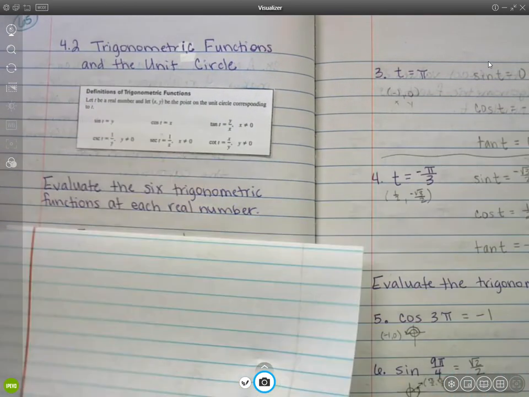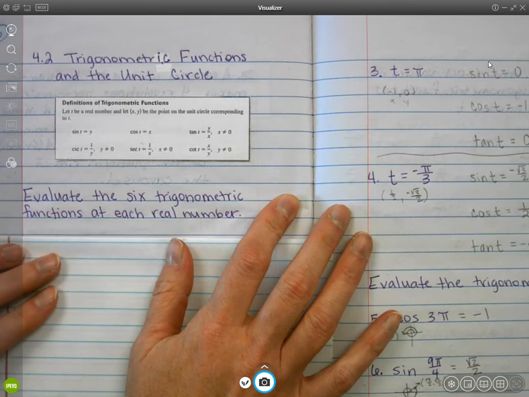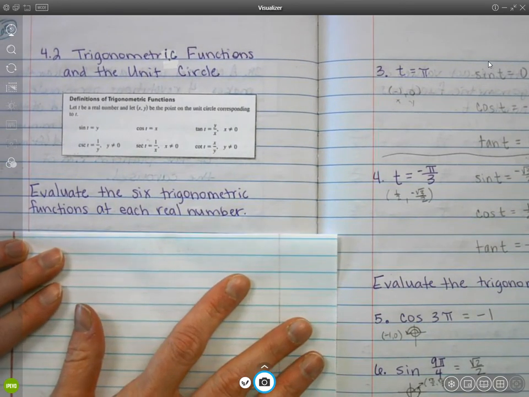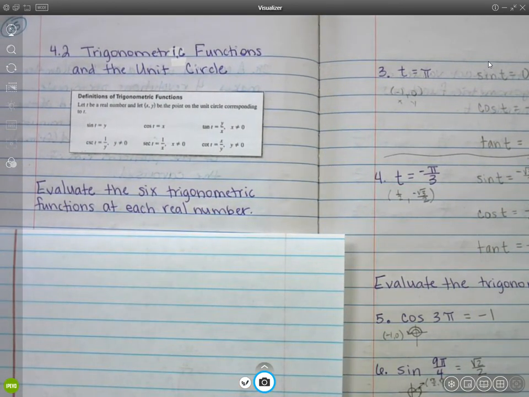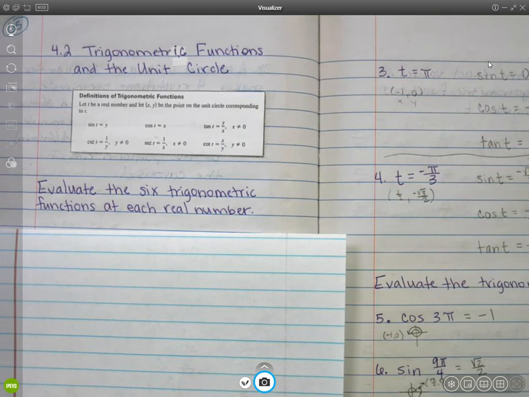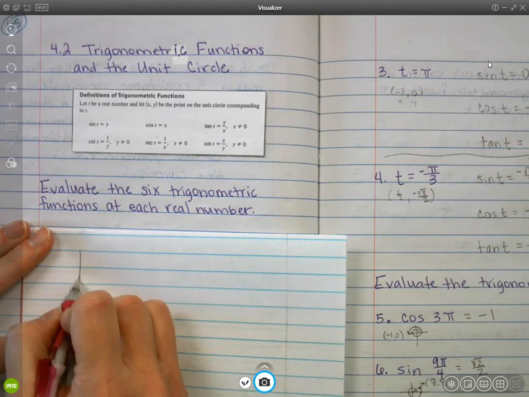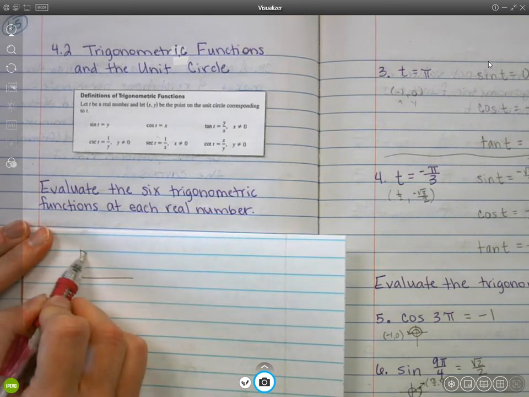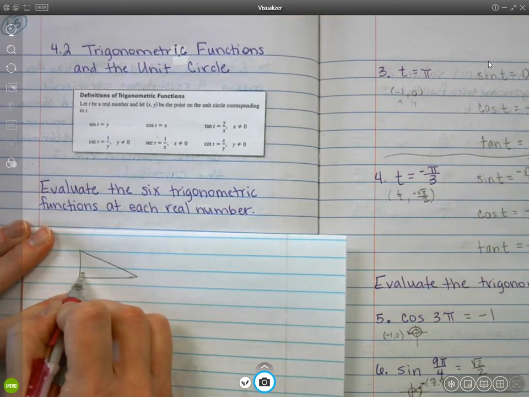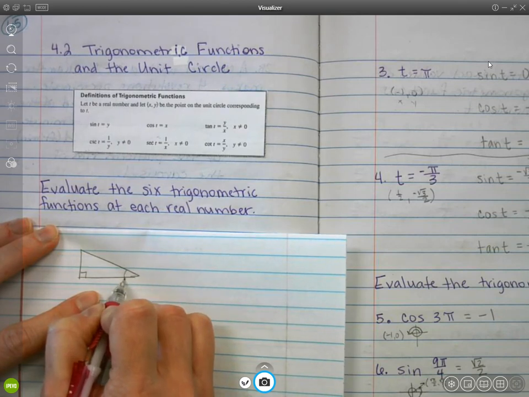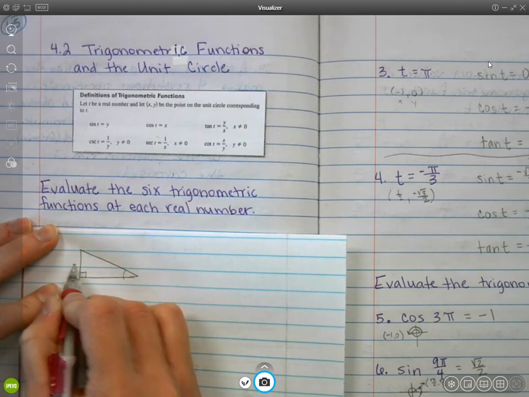Alright, so for 4.2, we have this little thing to glue in. And it's just the definition of your sine, cosine, tangent based off of the unit circle. So you should have learned the SOHCAHTOA, and if you did, then if you're looking at a right triangle, if this is my angle, sine is opposite over hypotenuse.